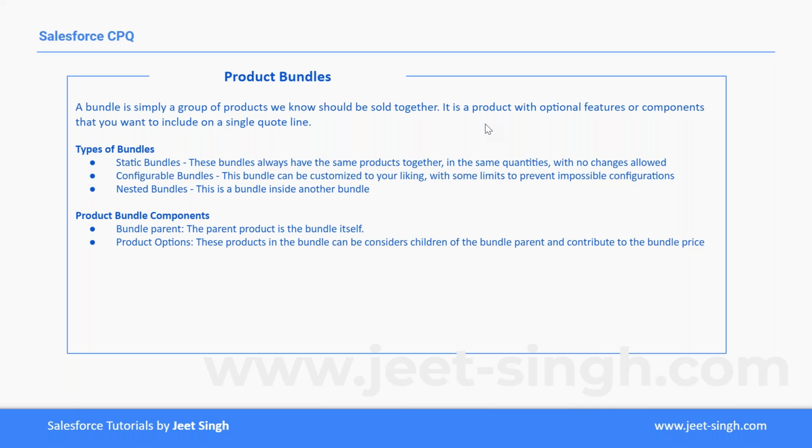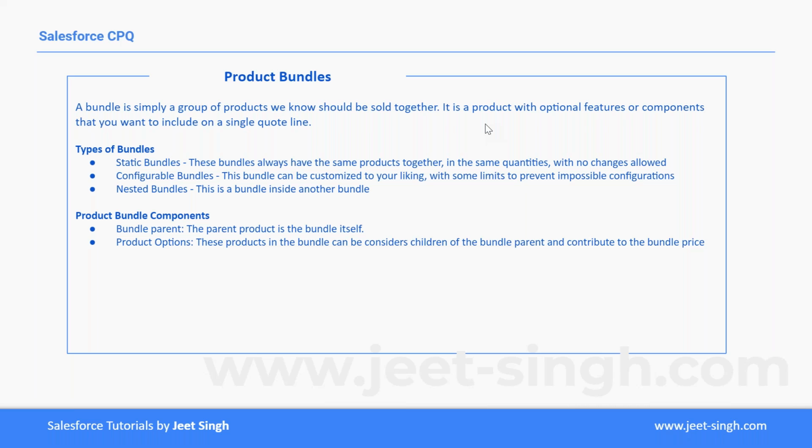These products in the bundle can be considered as children of the bundle. So we saw that we added three additional products as part of that particular bundle. One is the bundle parent, other three are children, and these three children are called product options. As simple as that. You can understand it that way also, if that terminology helps you understand it. So one is the central product and everything else is option.